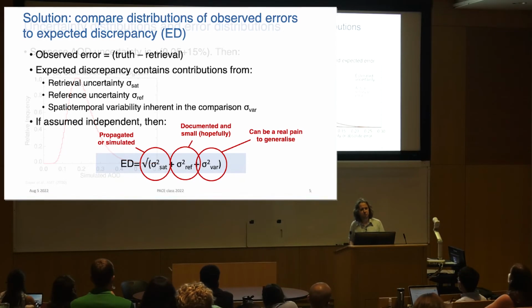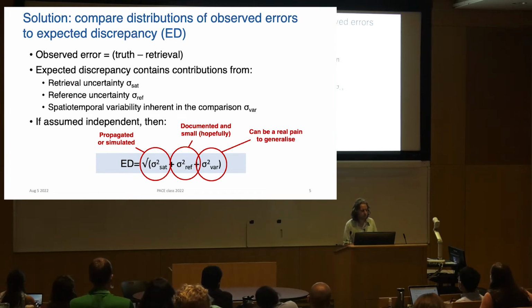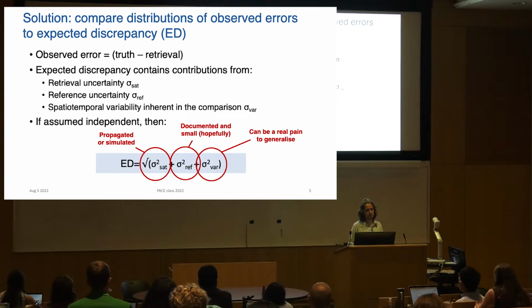So because these distributions should be different, the solution is to compare our distributions of observed errors to the expected discrepancy, which is how different we expect them to be. And this expected discrepancy, which unfortunately we give the acronym ED, means something else too, allegedly. It has contributions from 3 different terms.